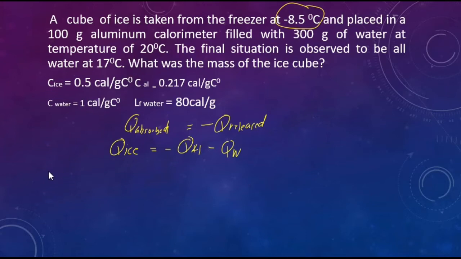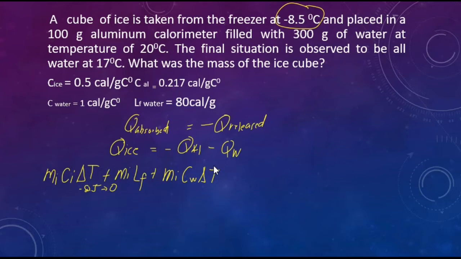So you can see that for the ice, it should be mass of the ice, C of the ice, because it's not yet melted, and then delta T for the ice up to its melting point. So the delta T here is from negative 8.5 to 0. Take note of that. Plus mass of the ice, then latent heat of fusion of ice, because it will melt at 0 degrees Celsius, plus mass of the ice, but this time it's already melted, C of the water, and then delta T. Okay?